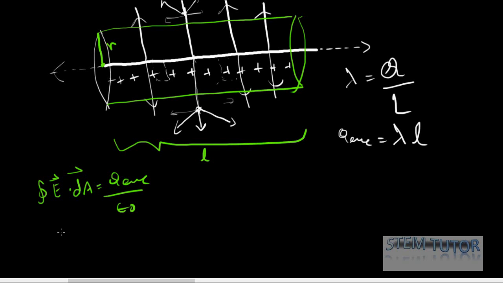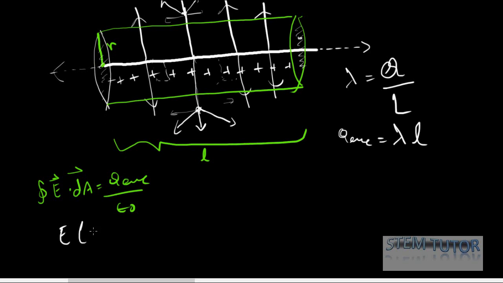So we can come back here and say that E, and the dot product goes away because E and dA are parallel, and also E comes out of the integral because it's constant along the boundaries of the cylinder, and also there's no electric field through these faces, so they don't matter, this face and this face.